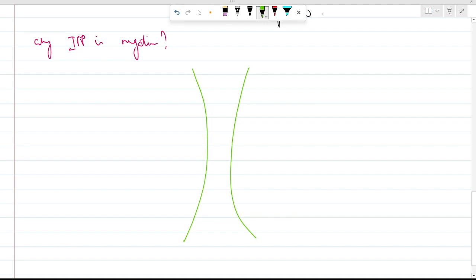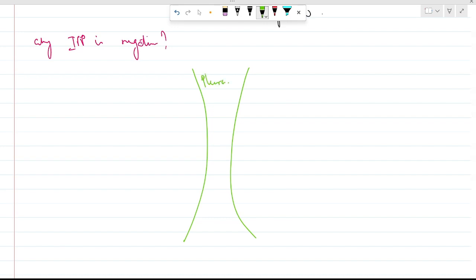Now the question comes to your mind: why is intrapleural pressure negative? We have an interesting mechanism here; I'm going to discuss it. See carefully here. Suppose this I am drawing here is our pleura.